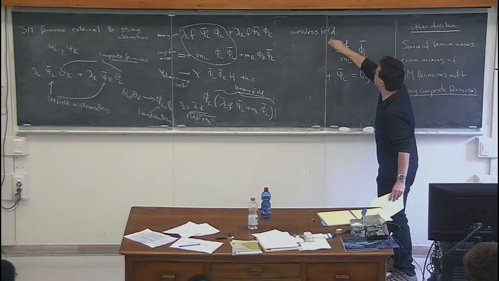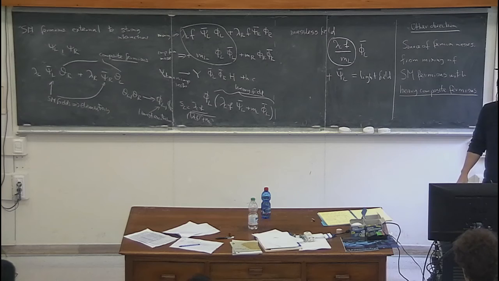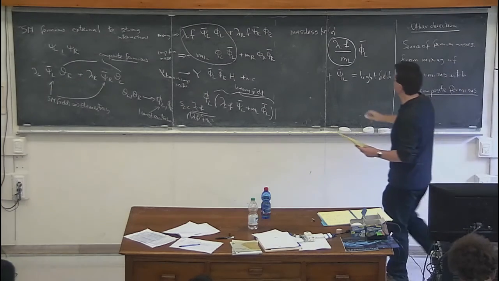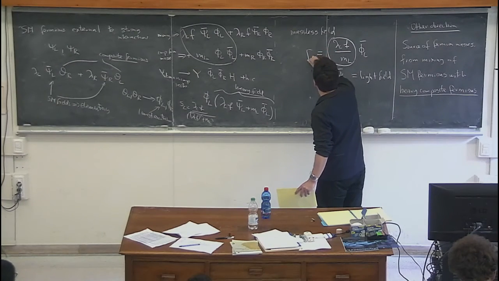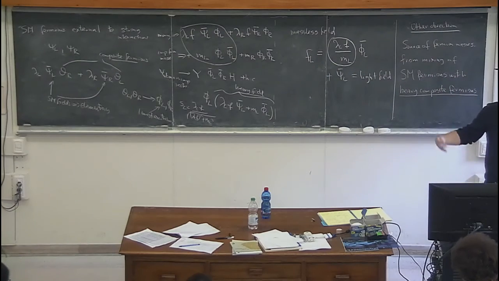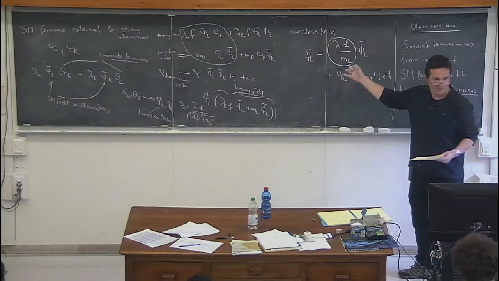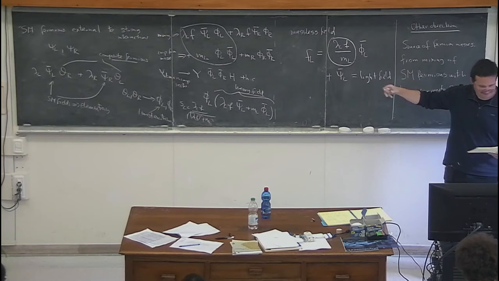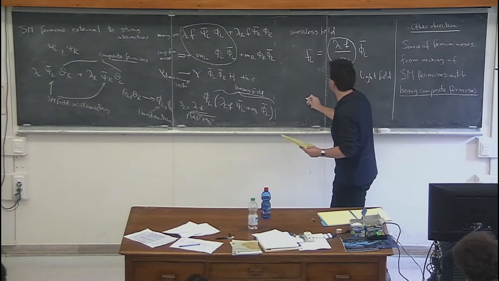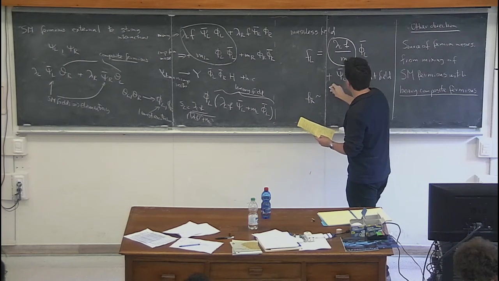So this ratio here is what is usually called the fraction of compositeness. This is what is usually denoted in these papers as F left, the fraction of compositeness in the left-handed sector. And then of course you can do the same game for the right-handed sector. You will get an F right there, with the same expression, lambda right F over M right.